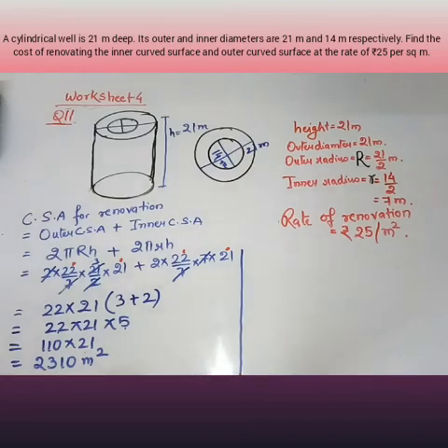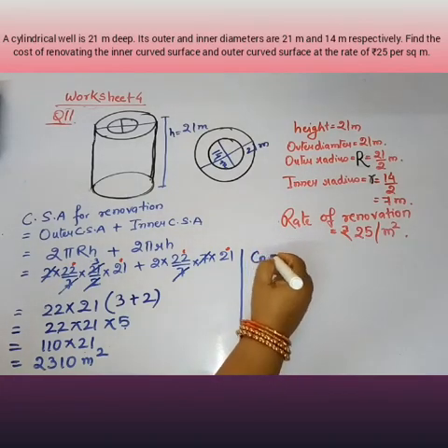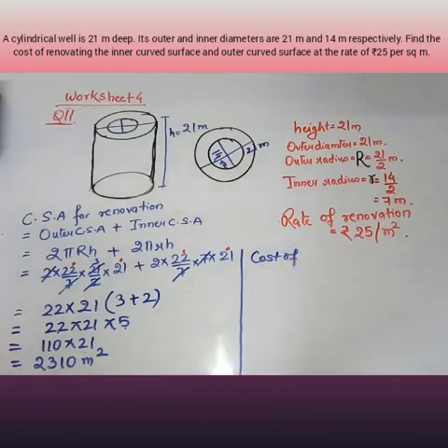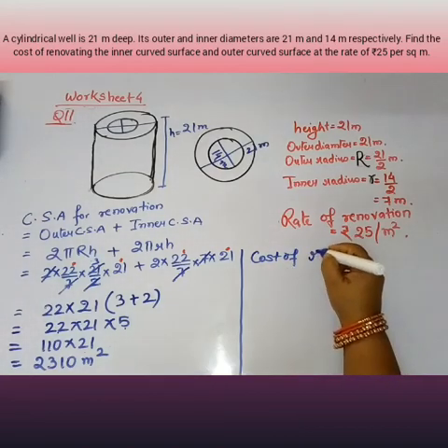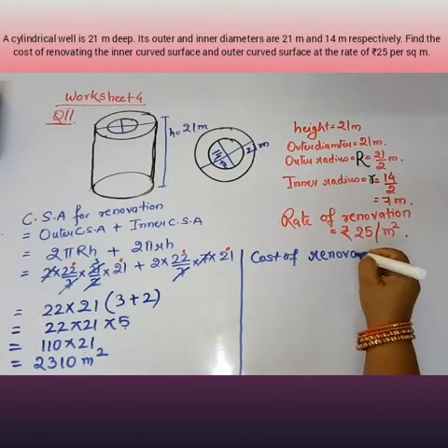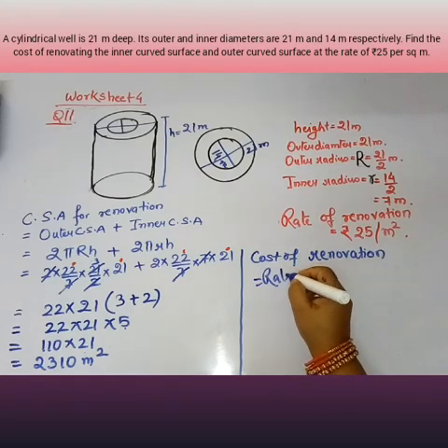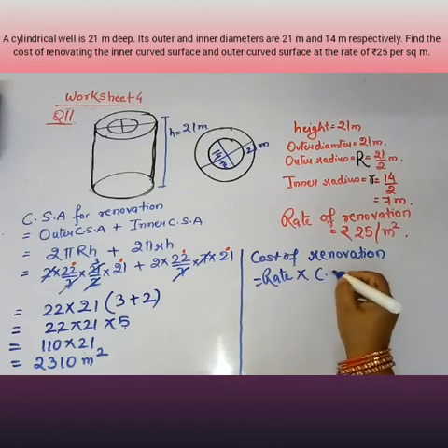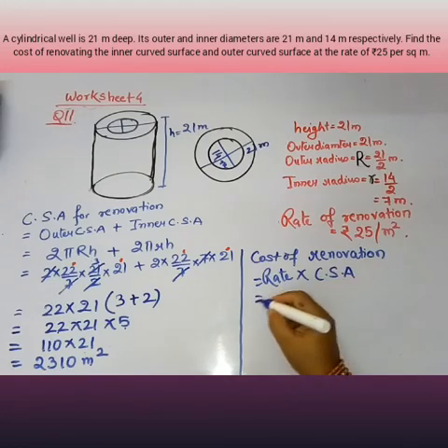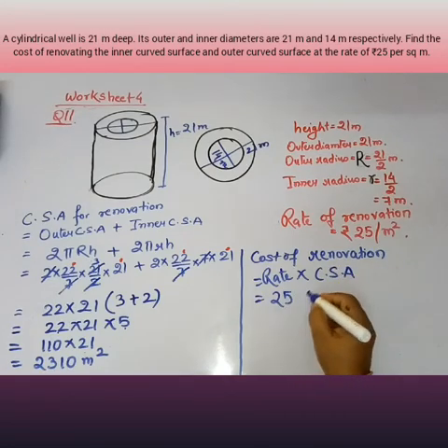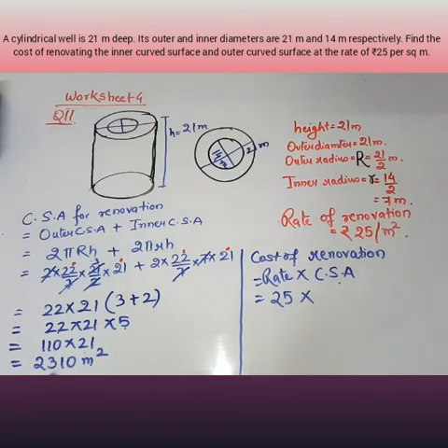Now we have to find the cost of renovation. So the cost of renovation will be equal to rate multiplied by the curved surface area. So the rate is rupees 25 and the curved surface area is 2310. That is this one.